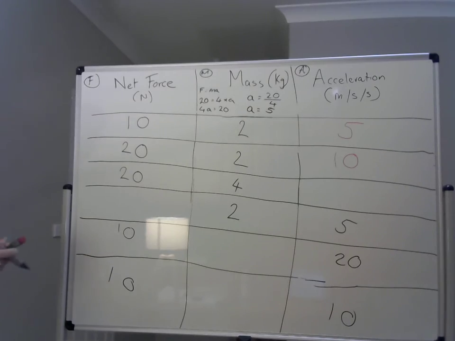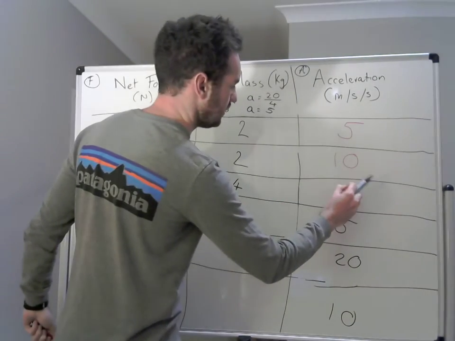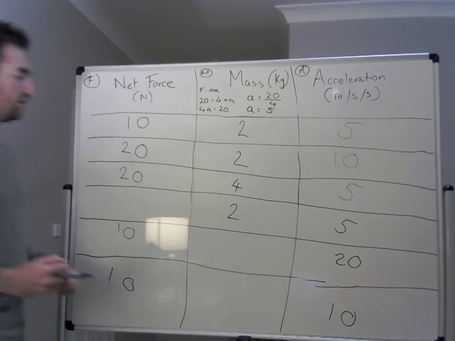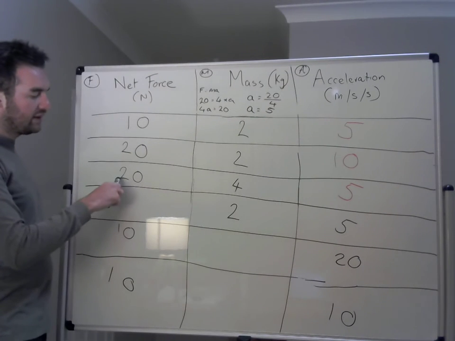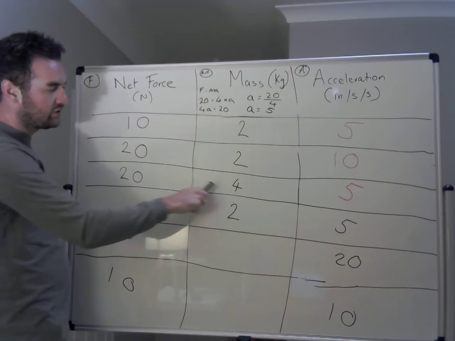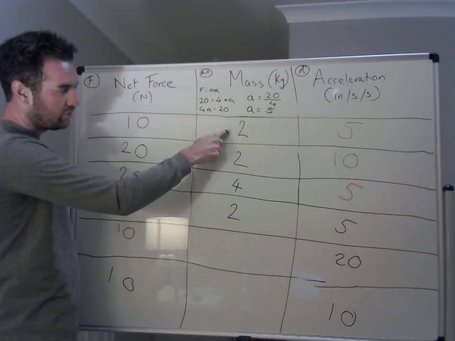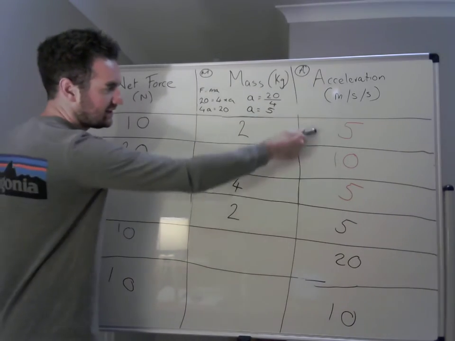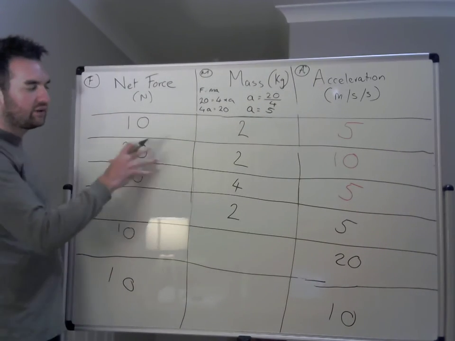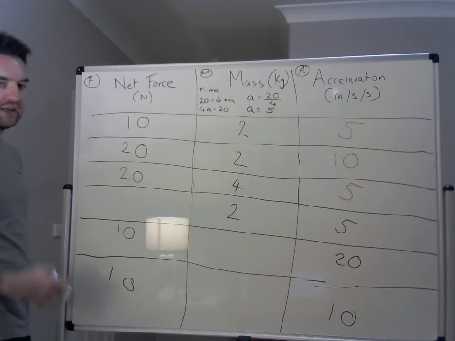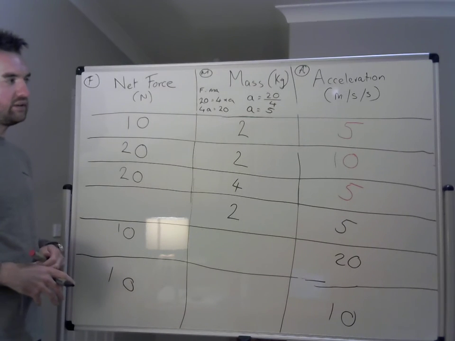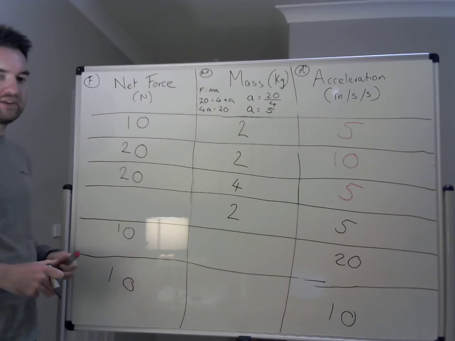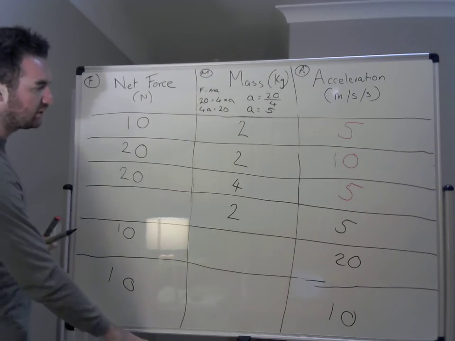Okay, so I'll write that here. So you can see here, when I apply double the force on something that is now double the mass, it is the same acceleration. Okay, it's all proportional. So it makes sense when I'm getting these answers. They make sense when I calculate it using F equals ma. They're all related to one another.